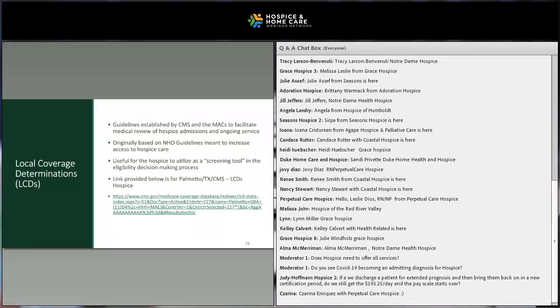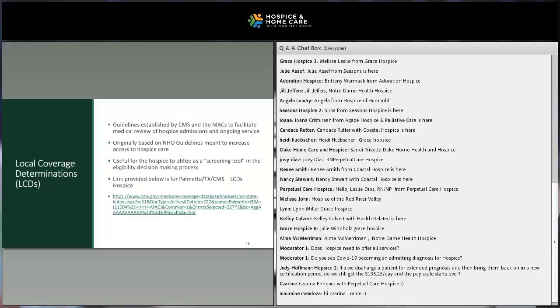So basically, if I'm reading this correctly, if they've been discharged off your service, and I'm assuming they're going to be off for a little period of time, I wouldn't think that you would want to discharge them and then admit them the next day. Then yes, you are able to get the higher rate.